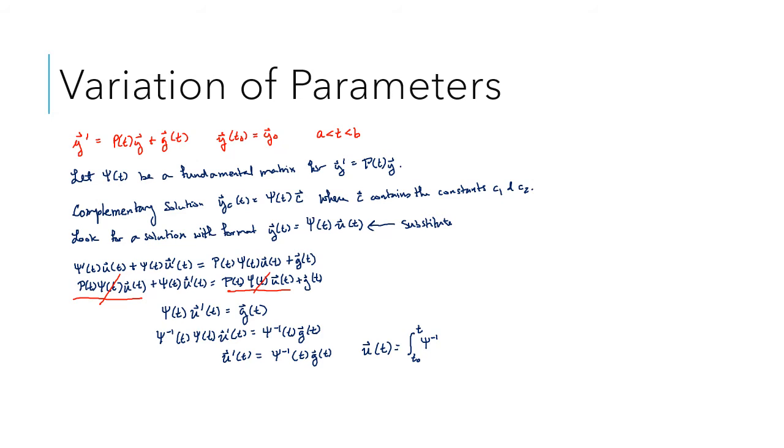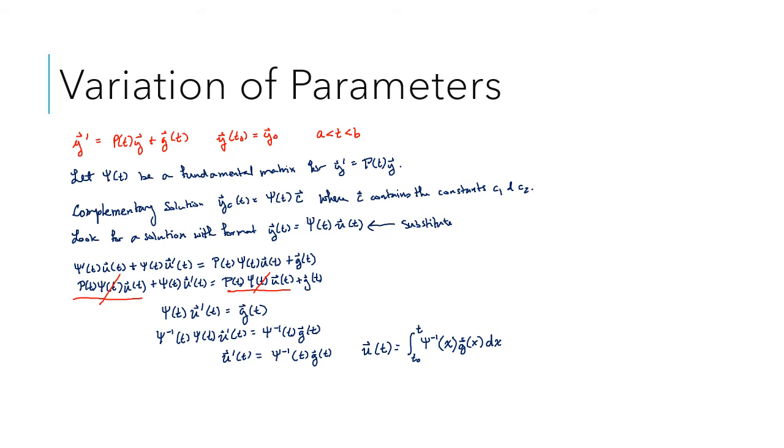Now I don't want my variable to be t anymore. I want it to be something I can replace later with t and t naught. So I'm going to use a placeholder variable. Since we're already using u for the name of our vector, let's use x. So we have psi inverse of x times g of x, and then we're integrating with respect to that x right there.